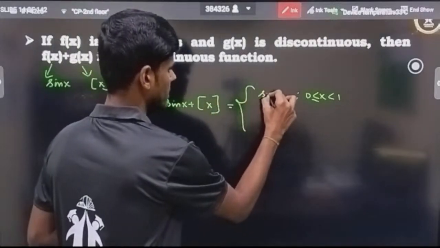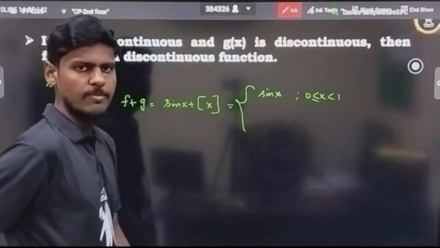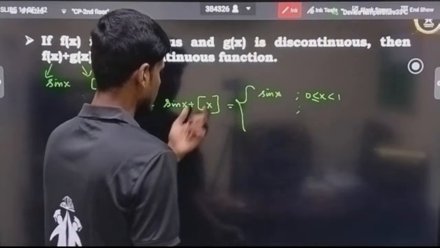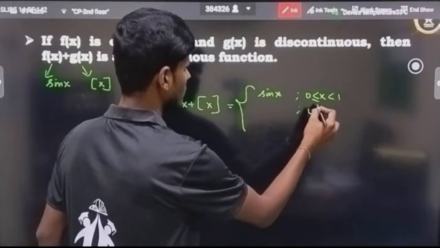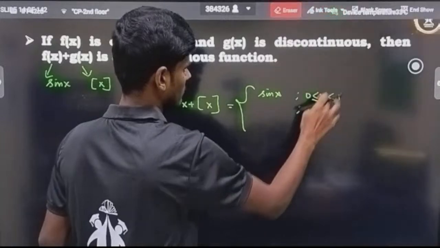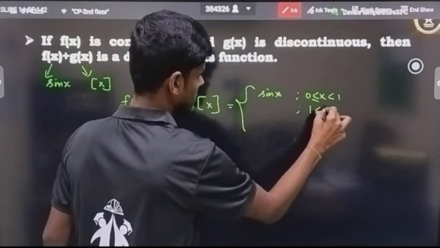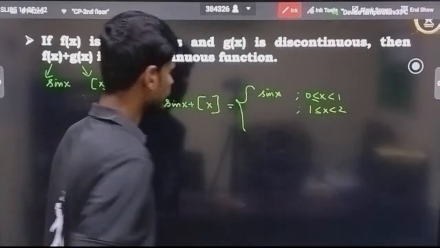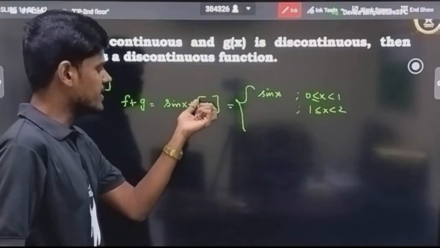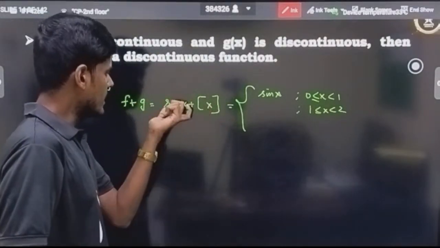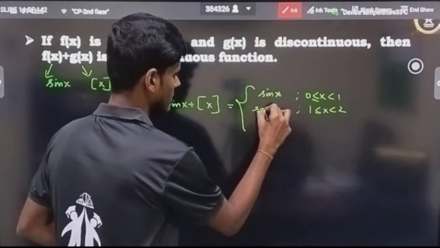So this function will be defined as sin x itself. When x lies between 1 and 2, then box of x will be 1. So this value will be sin x plus 1.